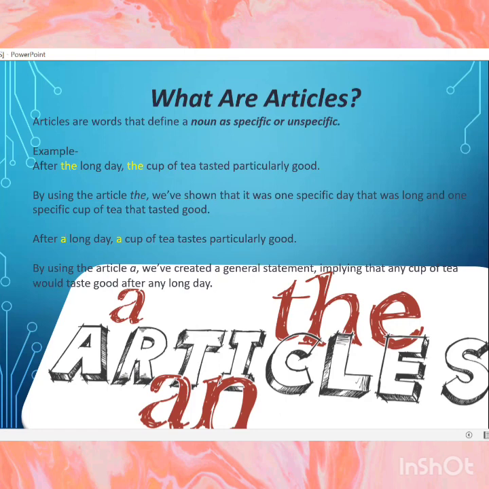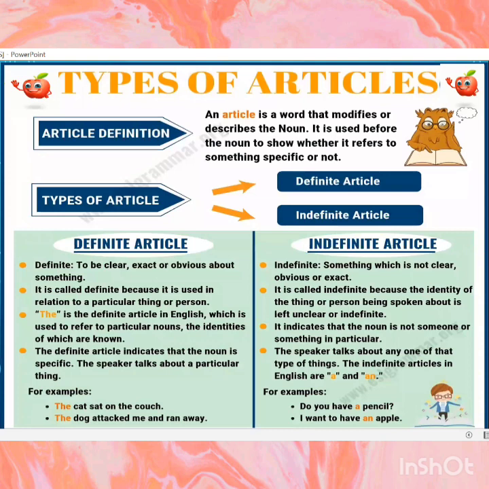After a long day, a cup of tea tastes particularly good. By using the article a, we have created a general statement implying that any cup of tea would taste good after any long day. So we can use the articles a, an, and the.